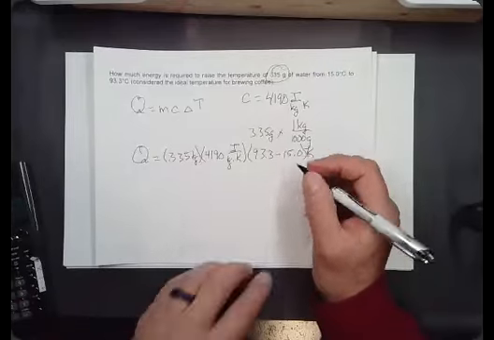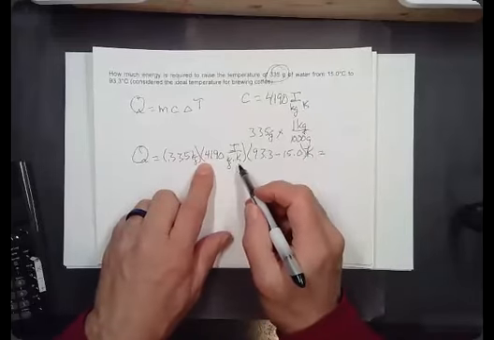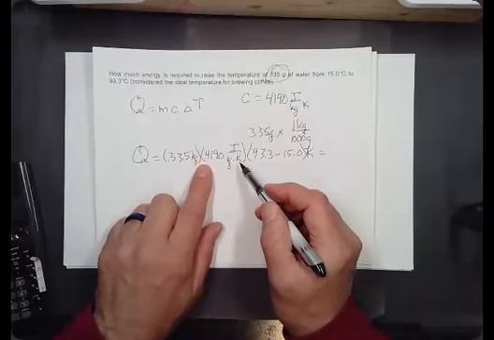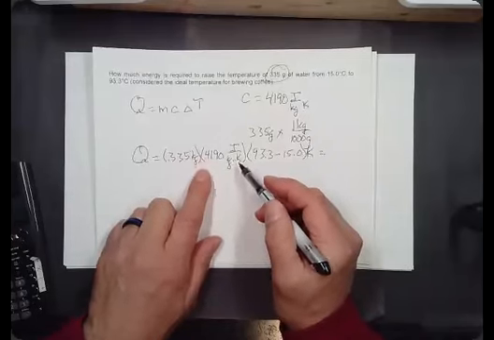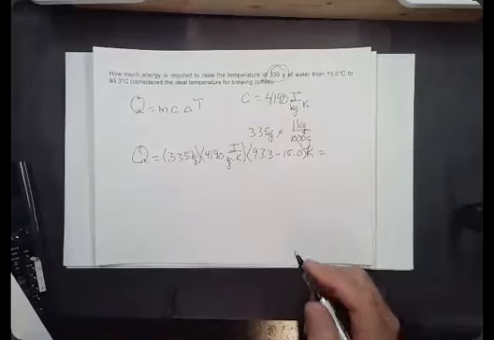Okay, and I get, seemed like a huge amount of heat, but it's because water actually has a large specific heat. There aren't many things that have specific heats as high as water. In fact, let's see. Yeah, on the table in the book, it's higher than anything else.